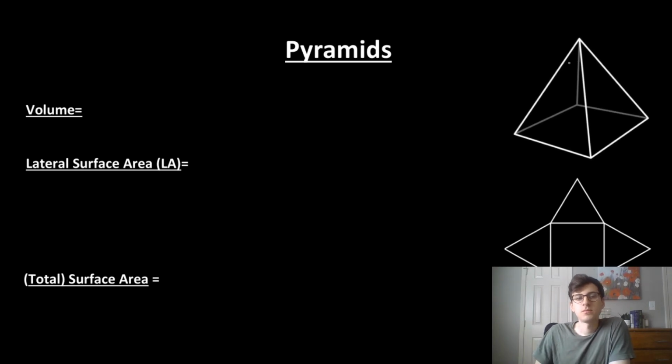So let's talk about finding the volume of a pyramid. The volume of a pyramid is 1/3 times the area of the base times the height of the pyramid, with the height of the pyramid being the distance from this point at the top to the center of the base.